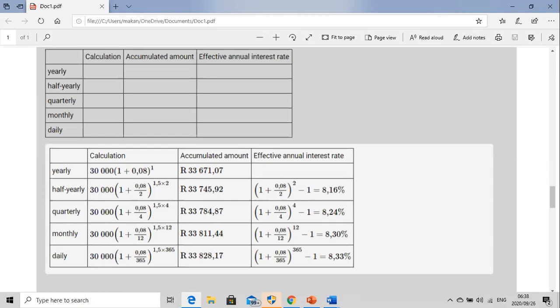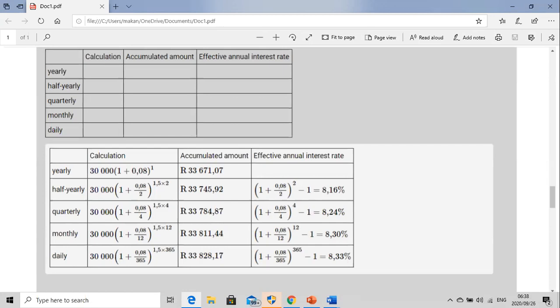So if you do it once a year, the amount of your investment will be 33,671 rands and 7 cents. So that is if you take your investment and then you just calculate it yearly, every year.